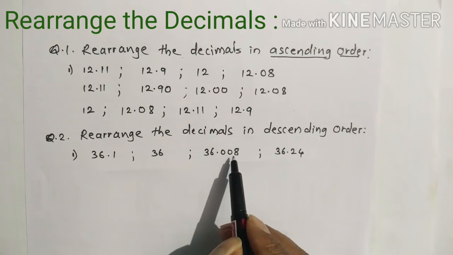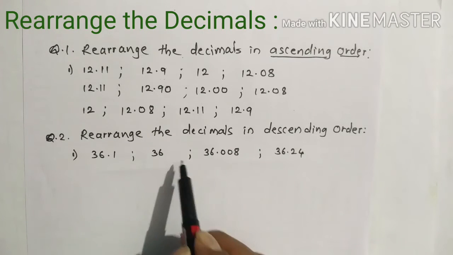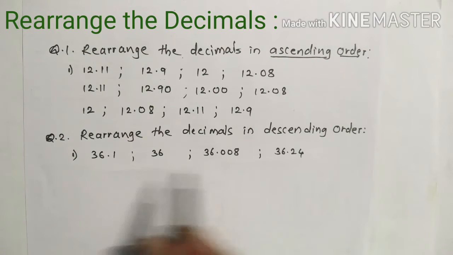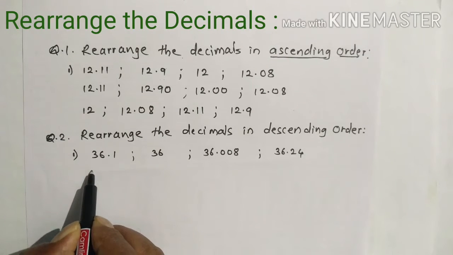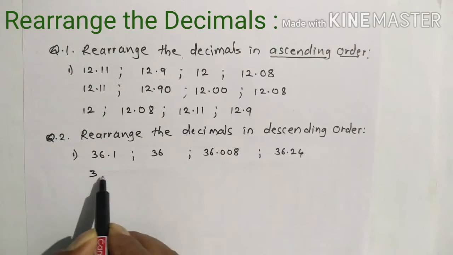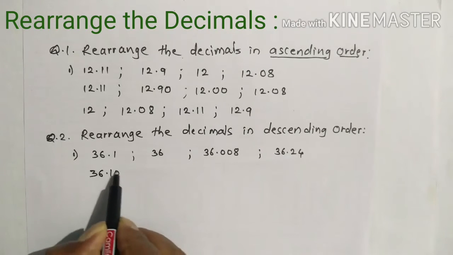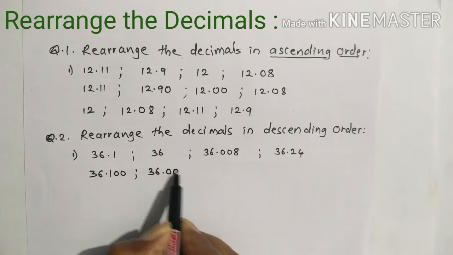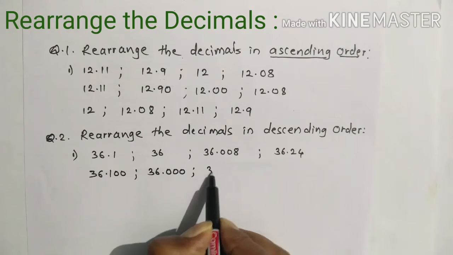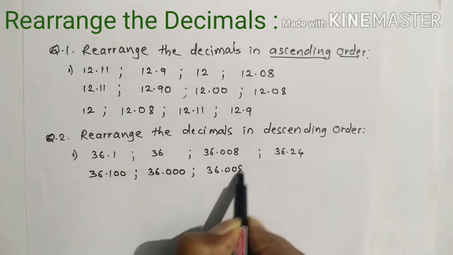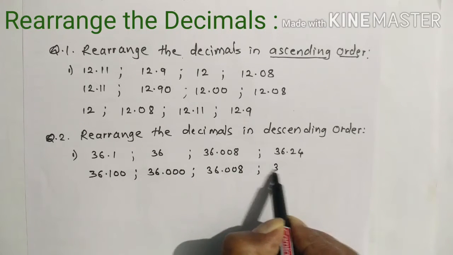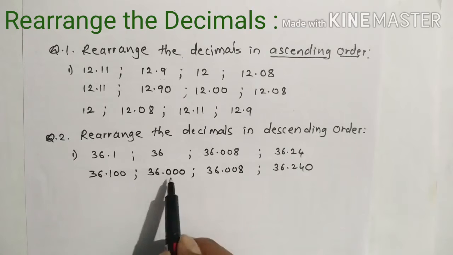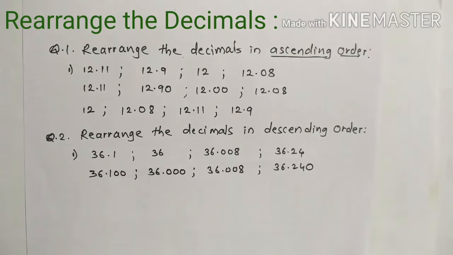So we write all the remaining decimal numbers with 3 decimal places. So 36.1 would be 36.100, 36 would be 36.000, 36.008 will remain the same, and 36.24 becomes 36.240. Now all have an equal number of decimal places.